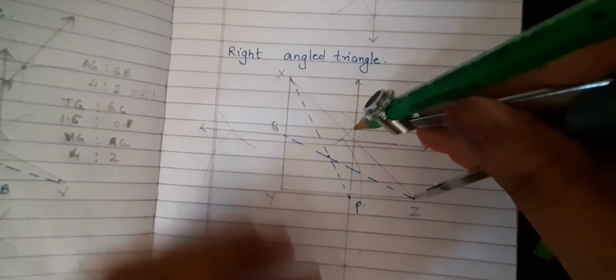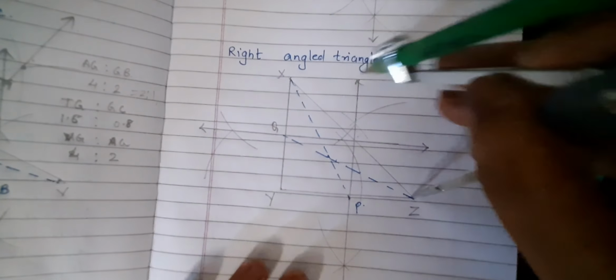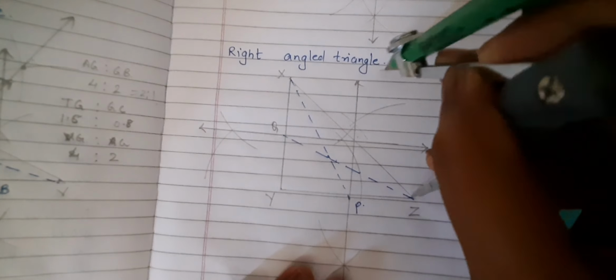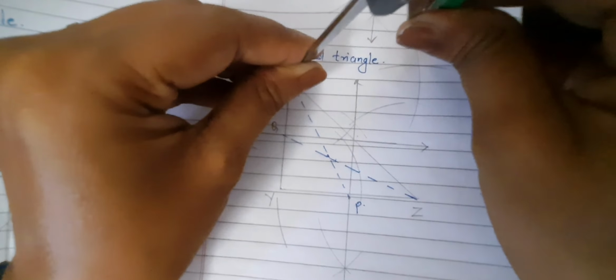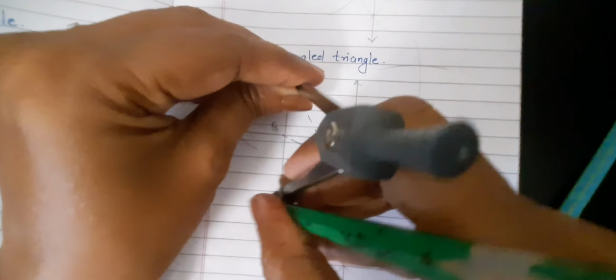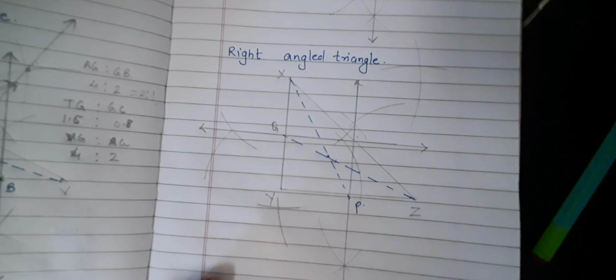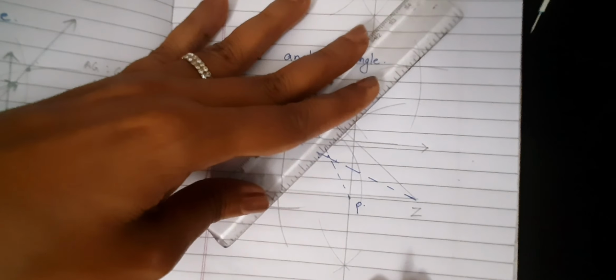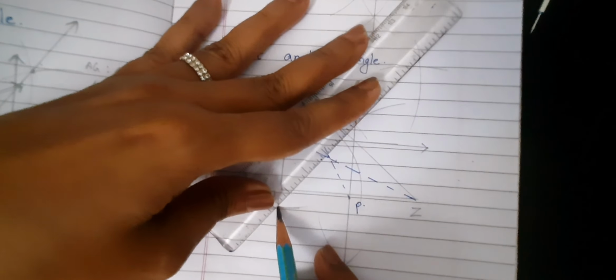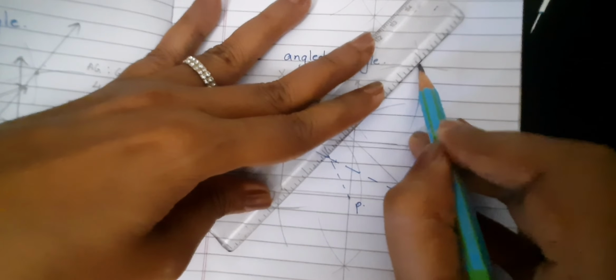Now the last side that is left is ZX. So ZX, more than half. So here it is more than half. I'll be joining this now, the two points on the arc.